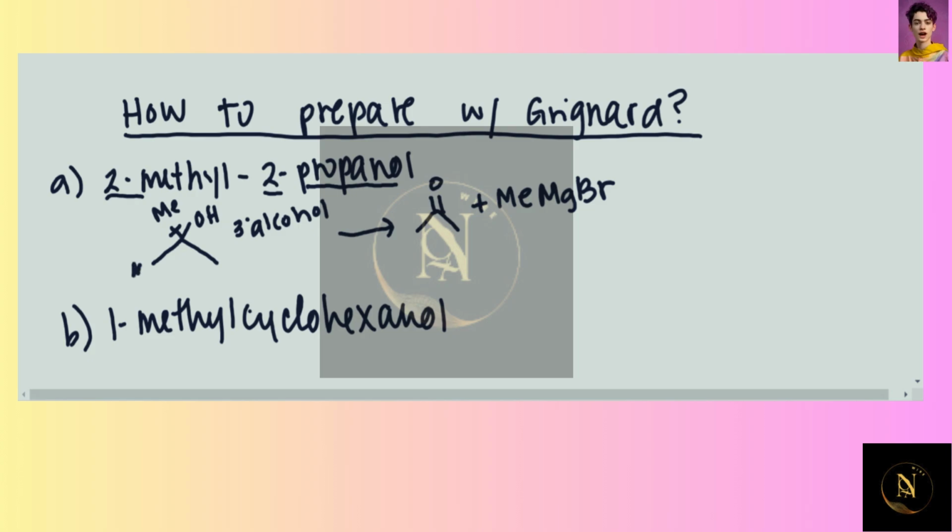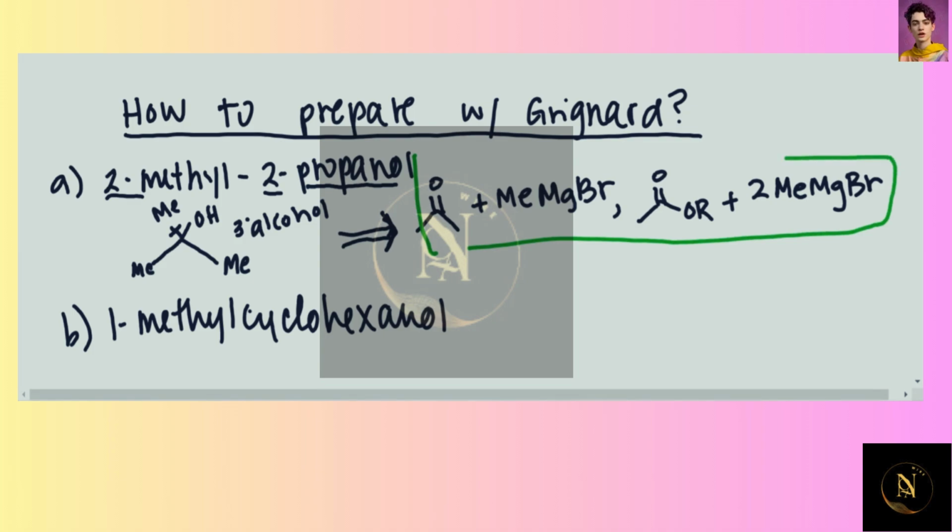So we see that we do have more than one of the same alkyl group, and so we could also imagine starting with an ester and then adding 2 equivalents of the following Grignard. Okay, and we're going to draw a retro arrow. These are the ways that we could prepare the alcohol in A.